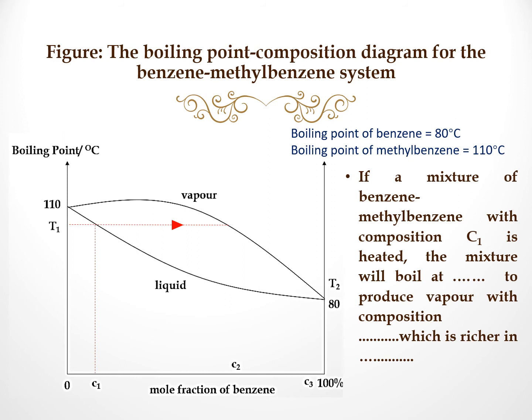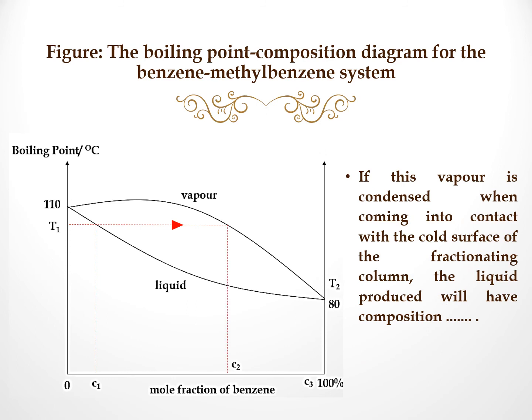So the liquid boils at T1. Roll the line to the graph of vapor, the line of vapor. Boil at T1 to produce a vapor with composition C2, which is richer in benzene, because here is more than half, so richer in benzene.